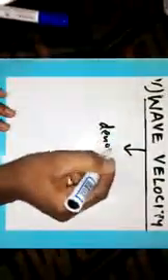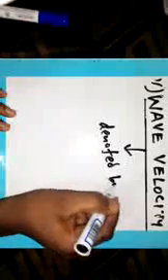Another thing to note under wave velocity is that, if you want to represent wave velocity, it is denoted by capital letter V. We normally use the capital letter V to denote wave velocity. But another thing to note here is the SI unit of wave velocity.